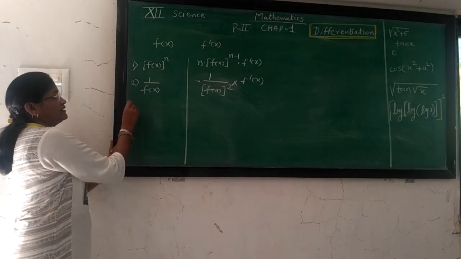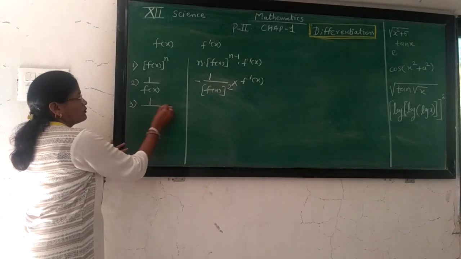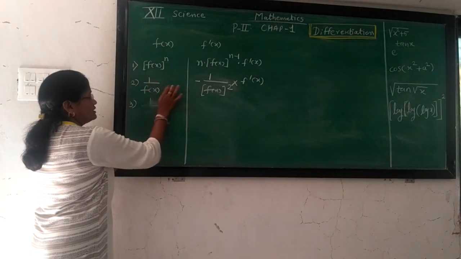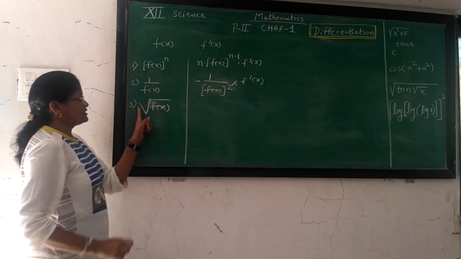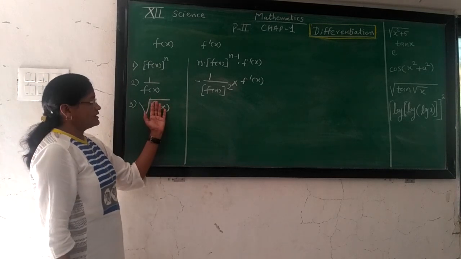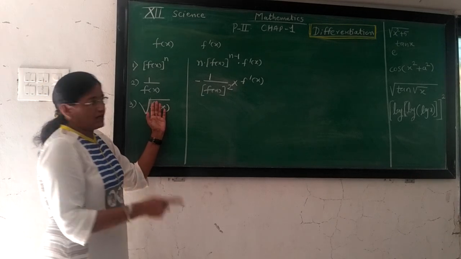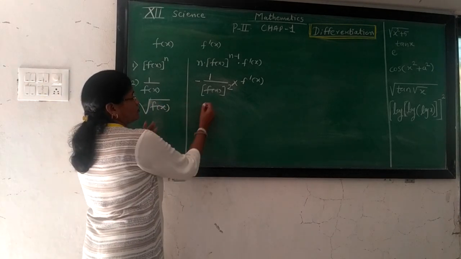Proceeding in this way, third, we find the derivative of root f(x). This function is under a root sign, so we first find the derivative of the root type, meaning power is half. The derivative of root x is 1 upon 2 root x.